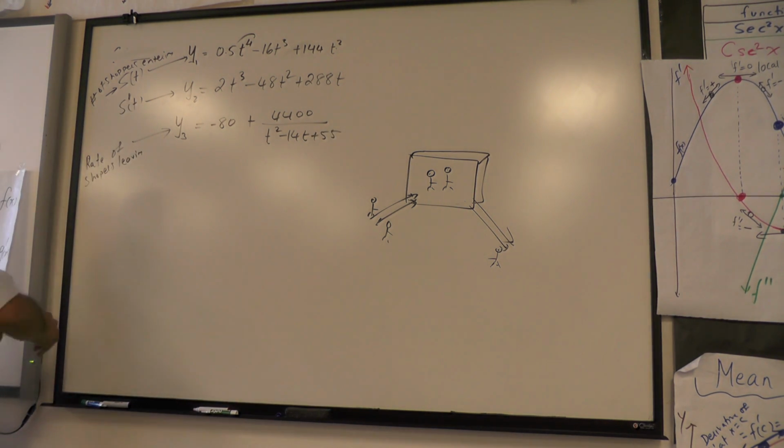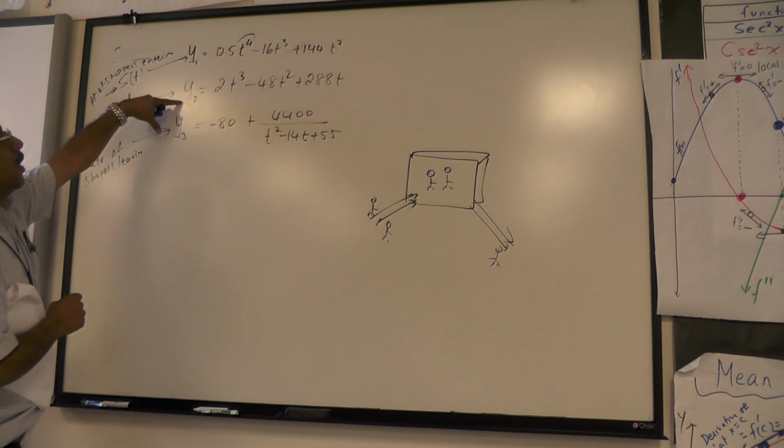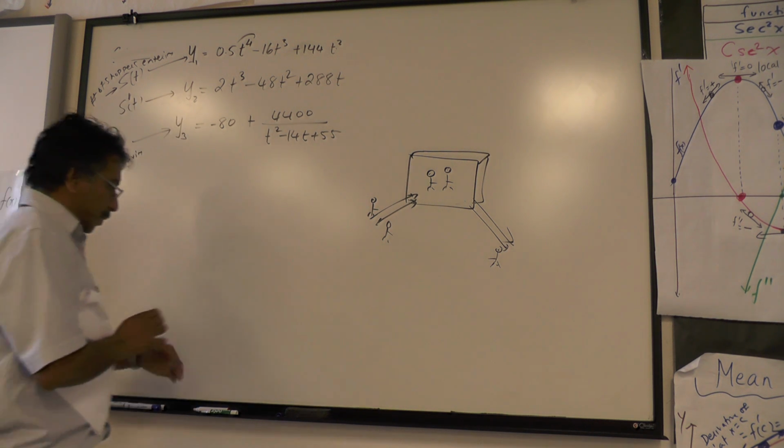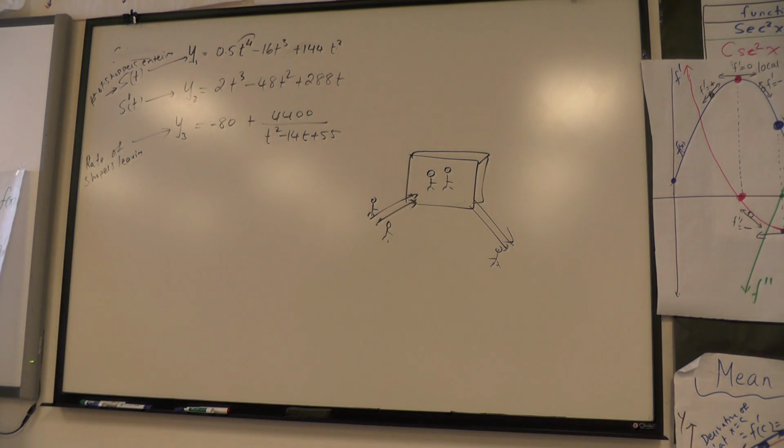So the first question, let's go one by one. Why did I put this in the y1 editor, y2 editor, y3 editor? Because you have to use the calculator to get quick answers.